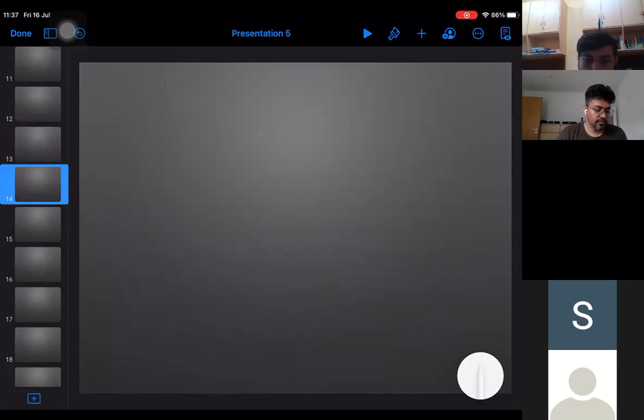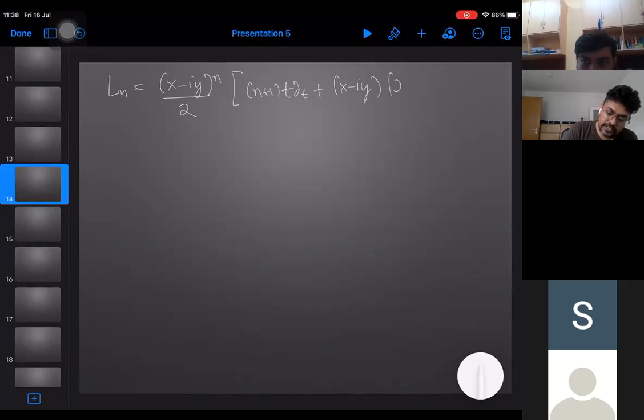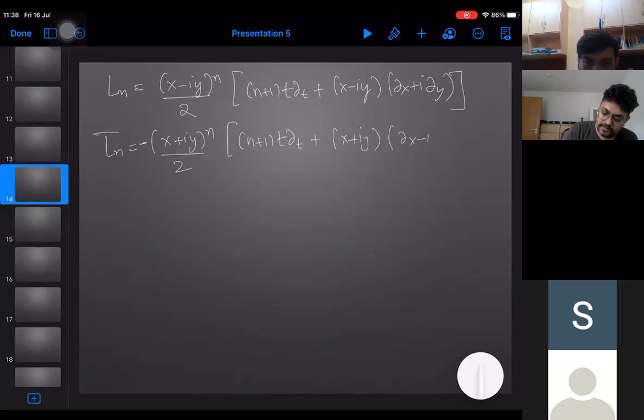So now what we can do, we can write the L_n's and the L_n bars and the M_n, which has the form n by 2 plus 1 t del t plus. So you can write it in a very nice form given by like this. The bars, the minus n by 2 t del t, just the total opposite of what you have before.